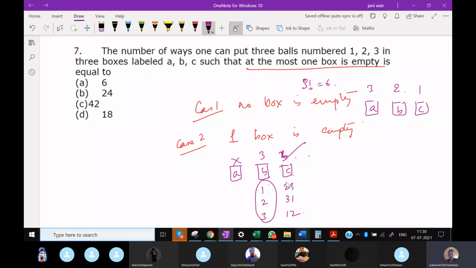And then I can swap this between B and C. That means I can have the same combination. B can have 2, 3, 1, 3, and 1, 2, and C can have 1, 2, or 3.